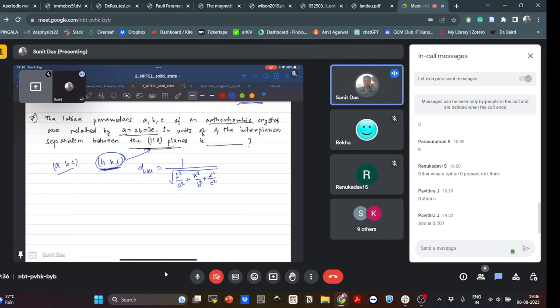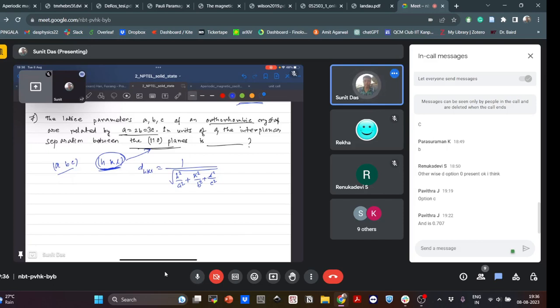Anyone trying to solve the problem? Sir, I think 1.118. No, okay, in units of a, right?